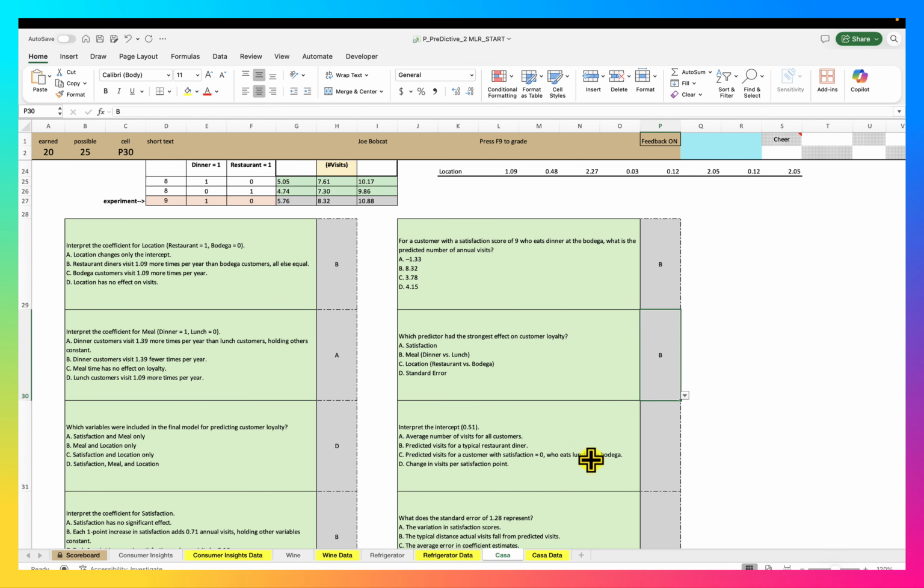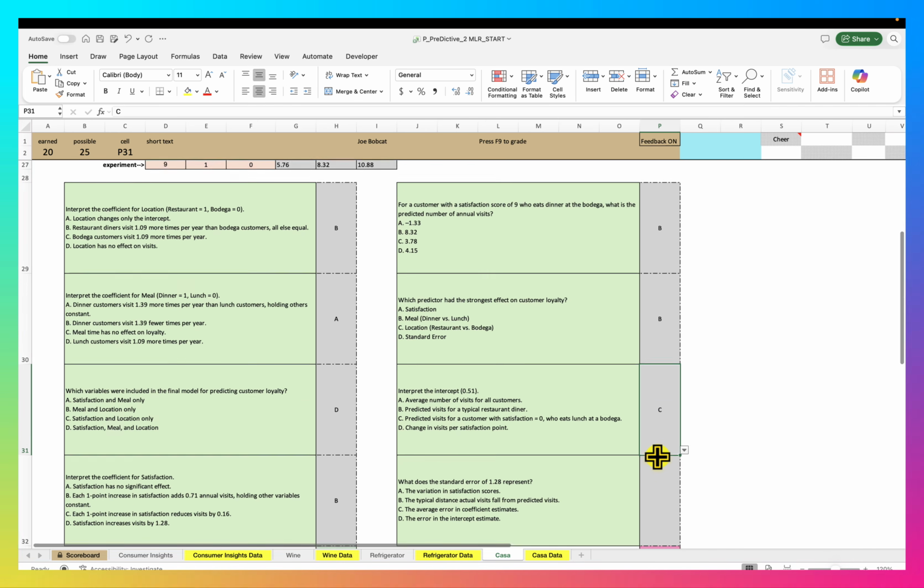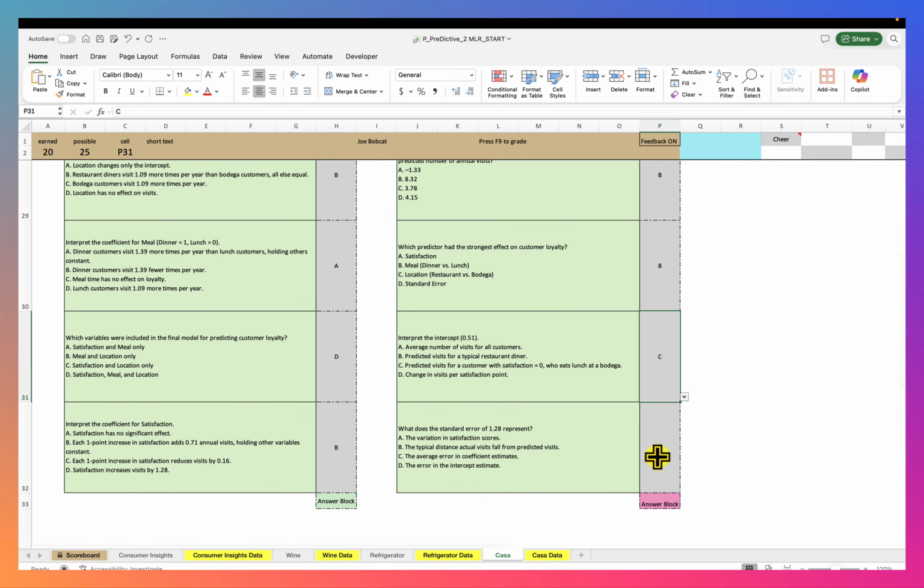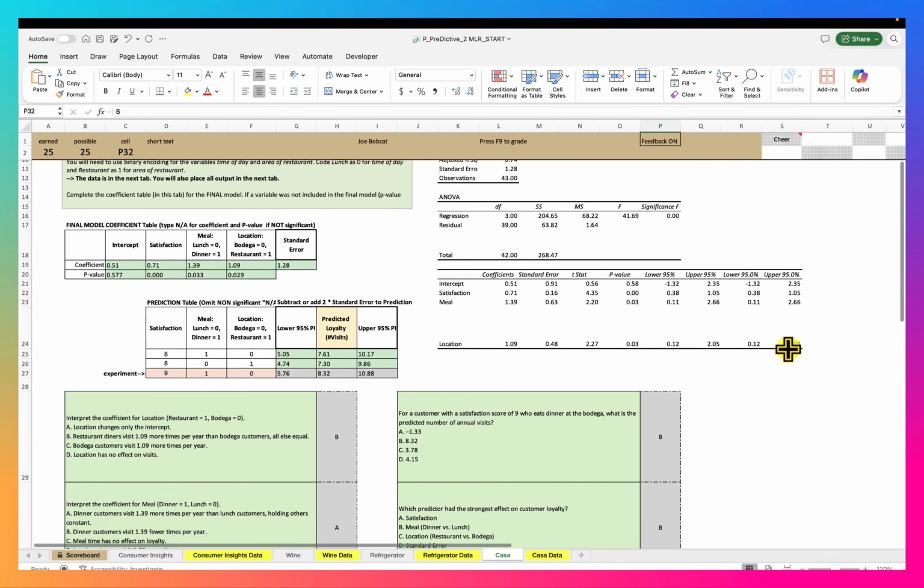And it would be C. So it's satisfaction is 0, and then lunch is a 0, and bodega is a 0. So where everything's a 0, that's C. And what's the standard error represent? The typical distance actual visits fall from predicted visits. And we're all done.